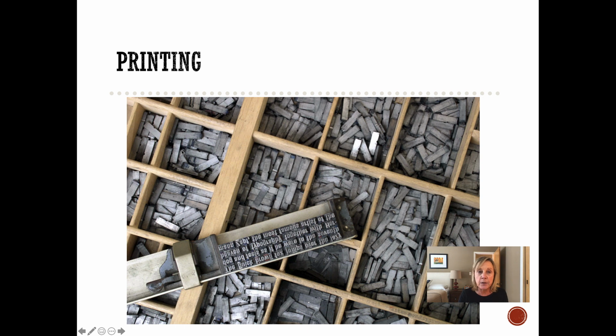In each one of these compartments, you would have a letter form. So they're long like this because the letter is actually at the top, or the image, the letter, the period, the punctuation is at the top of this little form. And then when it's dropped into the form, it would be at this depth. So you can imagine just how heavy a page of type was.